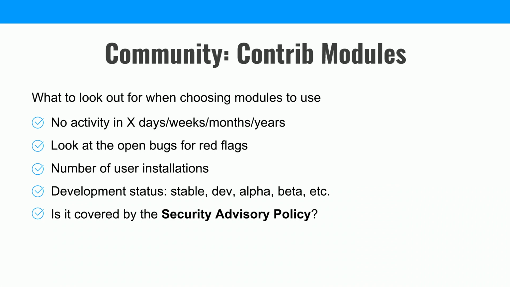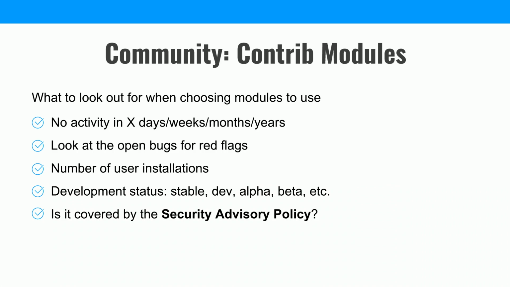What is the development status of the module? Is it stable? Is it a development module? Is it an alpha or beta or even a release candidate module? Those matter. I'm going to tell you a little bit more about that in just a minute, but they matter because only stable modules are covered by the security advisory policy in Drupal.